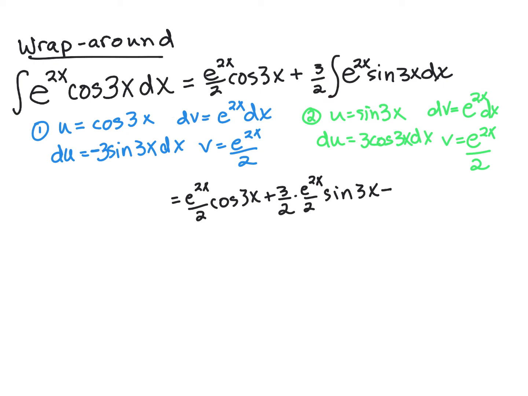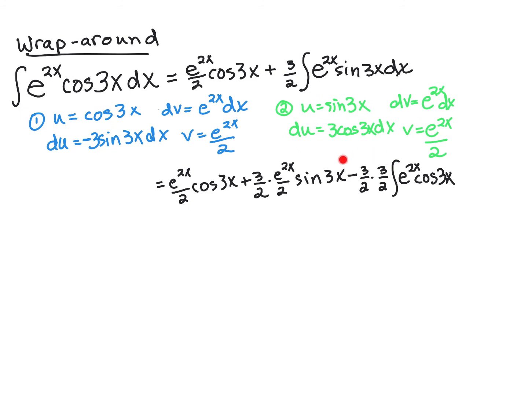So 3/2 times u times v, so I end up with two 2's in the bottom, minus the integral, and it's minus 3/2 times that. The 3/2 gets distributed. That's this right here, minus the integral of 3 over 2 e to the 2x cosine of 3x. Now, so this part right here is minus 9 over 4.